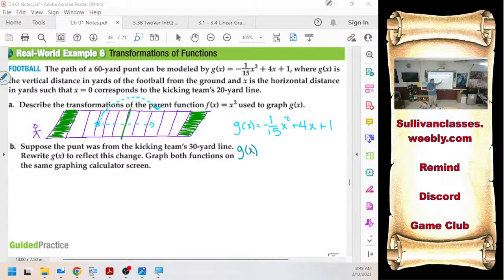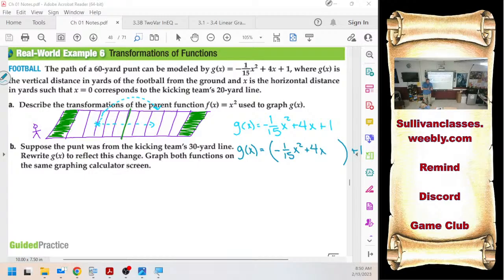But since I want g of x to stay over here by itself, that changes. Group your x stuff, shove the 1 out of there, and make room for where the perfect square number is going to go.